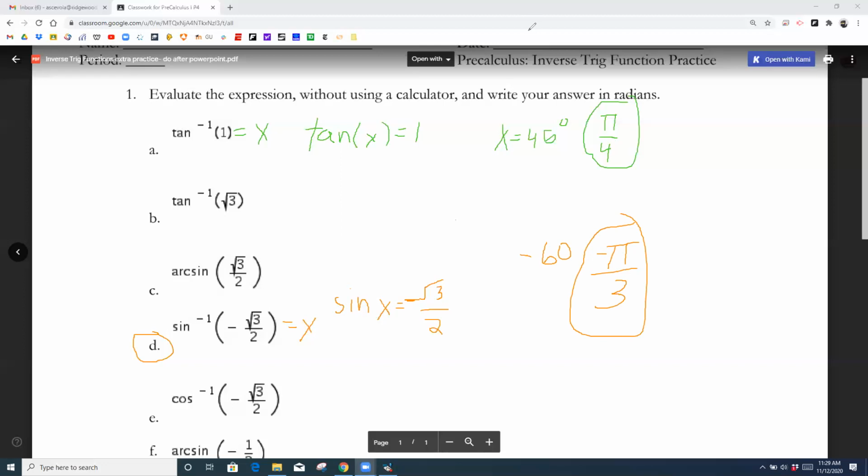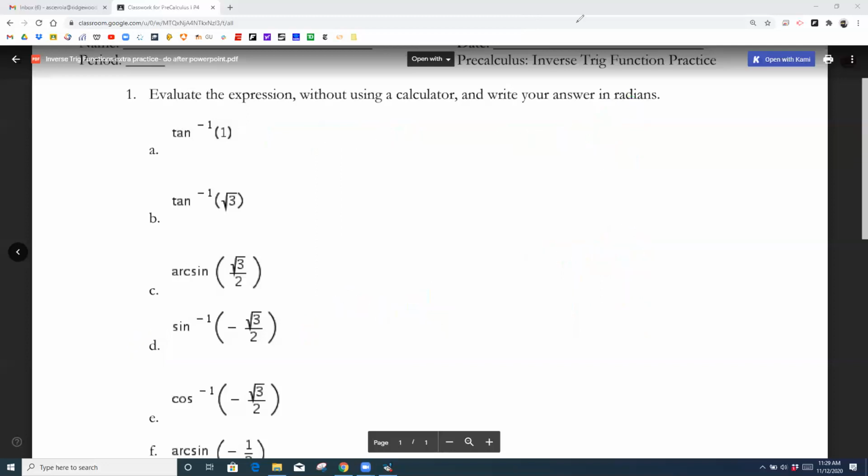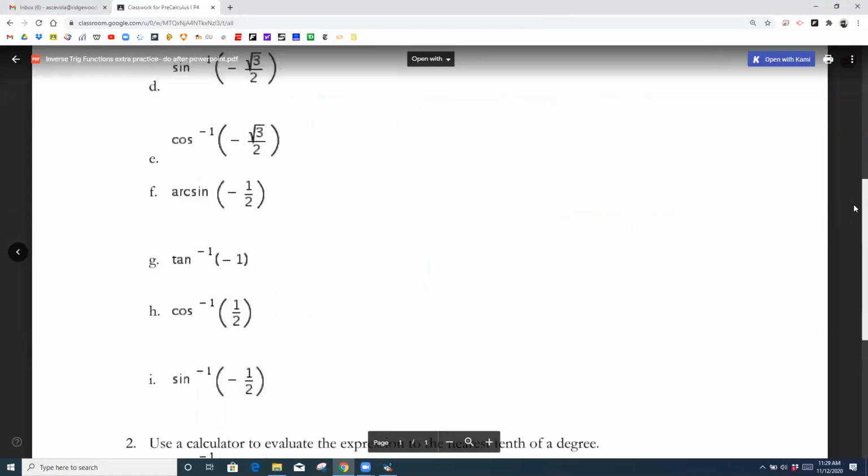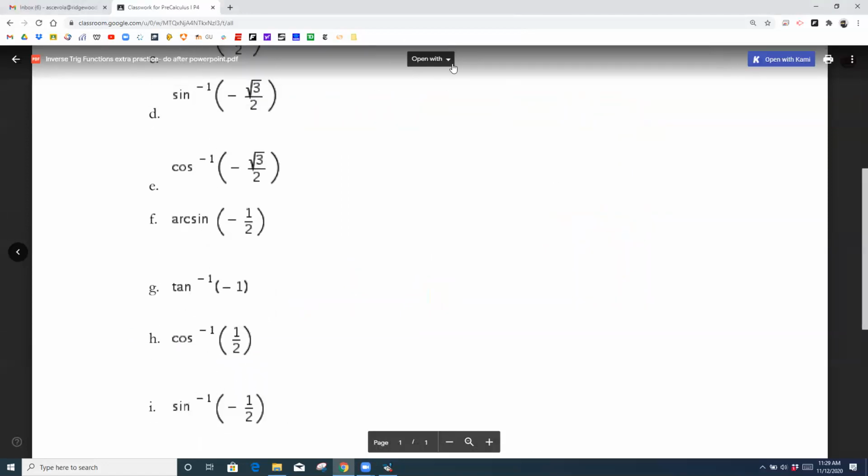All right, now cosine inverse is going to work very similarly, but if we get a negative ratio, we're not going to use quadrant 4. We're going to use quadrant 2. So cosine inverse can only equal angles in between pi and 0, so between 0 and 180.